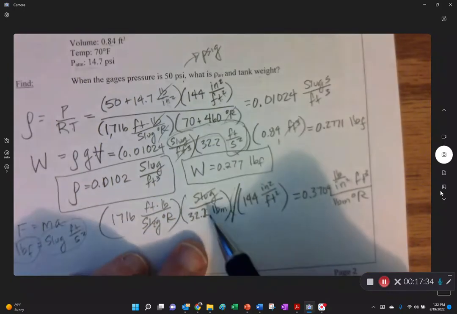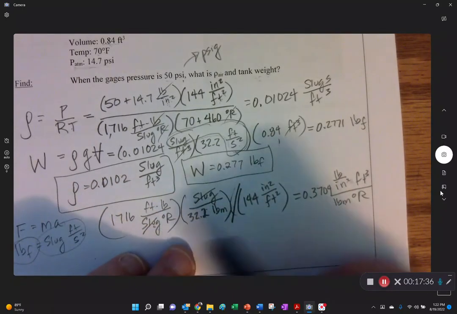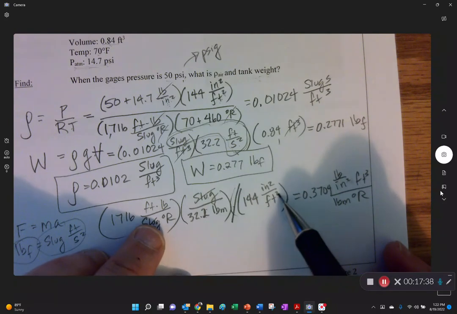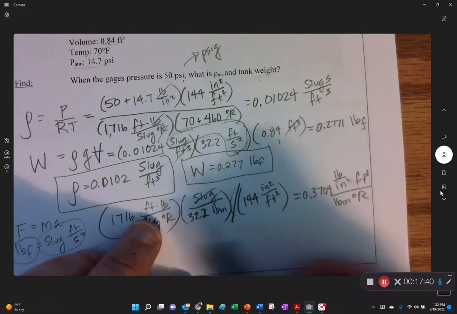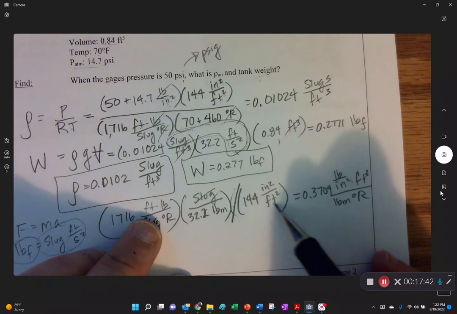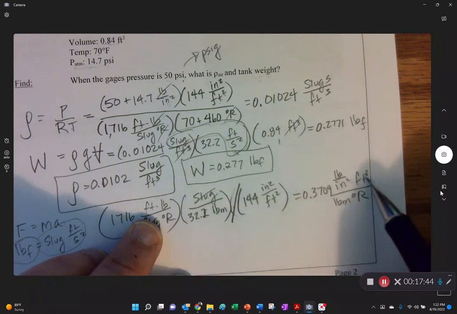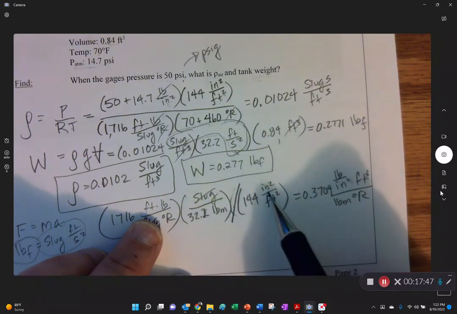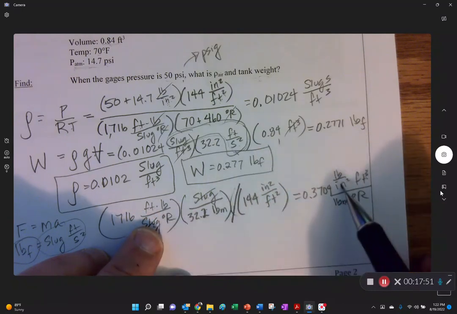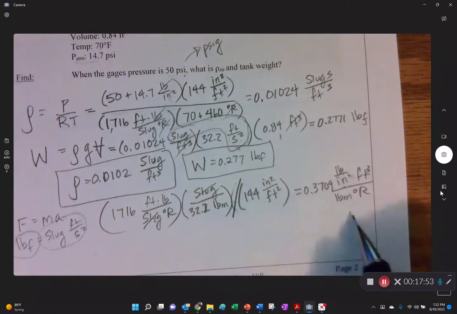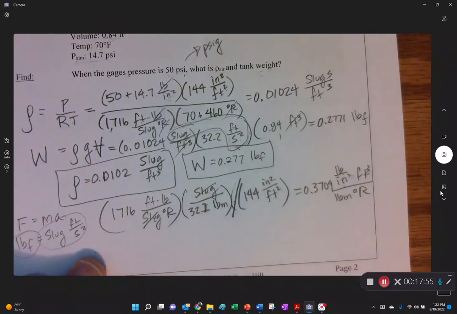You're going to see that we get this foot squared on the bottom because we're dividing, and that's going to turn into cubic feet, and the square inch that we're dividing the pound by is going to be turned into this right here. So here is the reconciling of that conversion.